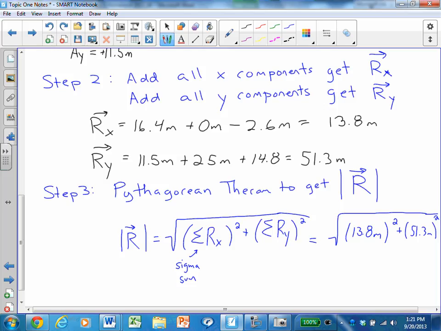So 13.8 squared plus 51.3 squared is 2,822.13. The square root of that is 53.1 meters. So the magnitude, R, is 53.1 meters.